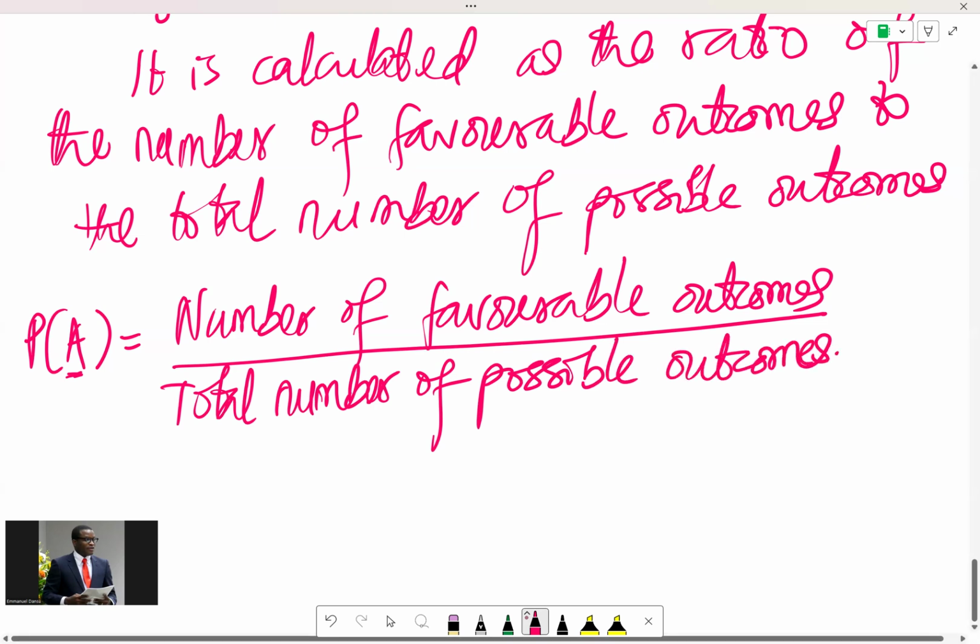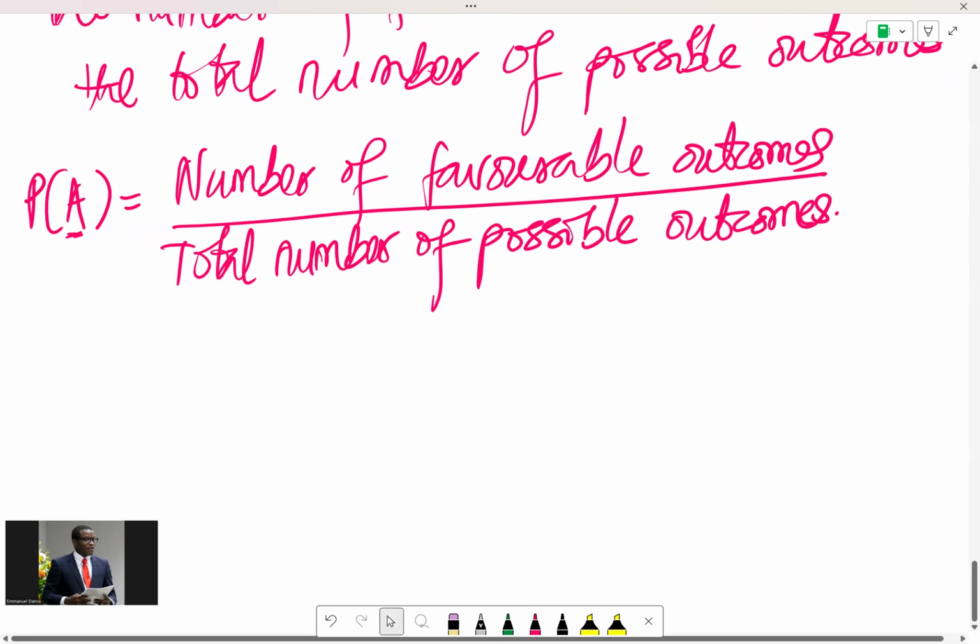So here it looks like the number of events over the number of the sample space, something close to that. That's what this is about.